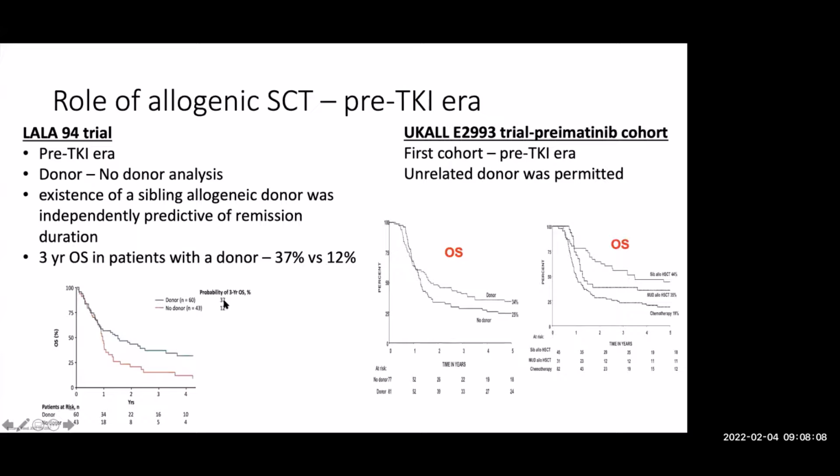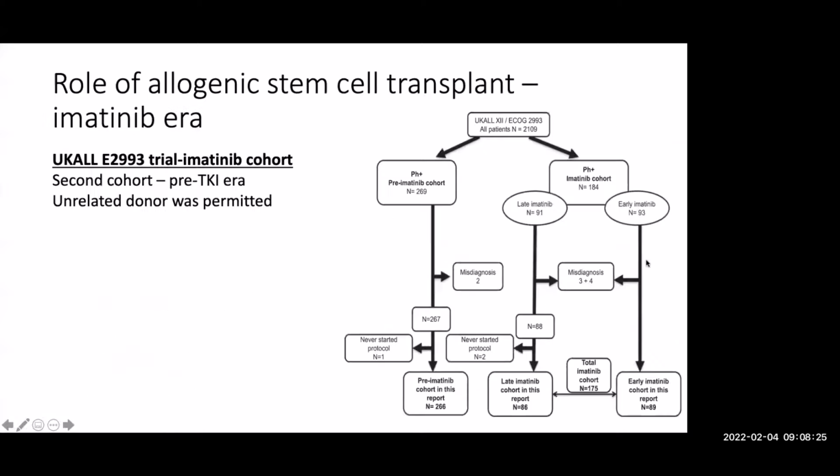The patients with a donor had a 3-year OS of 37%. Similarly, in the UKLL trial, its first cohort, which was done during the pre-TKI era, the patients who had a donor had a 3-year OS of 34%.